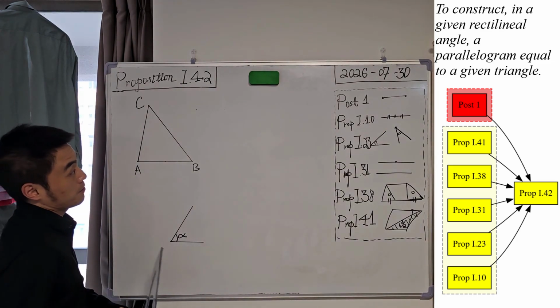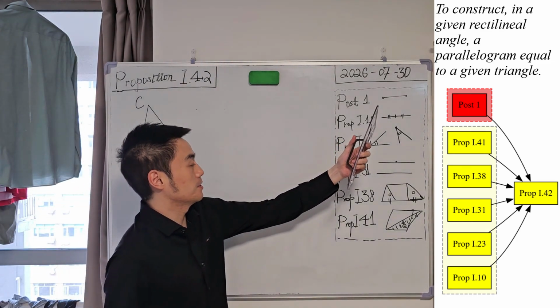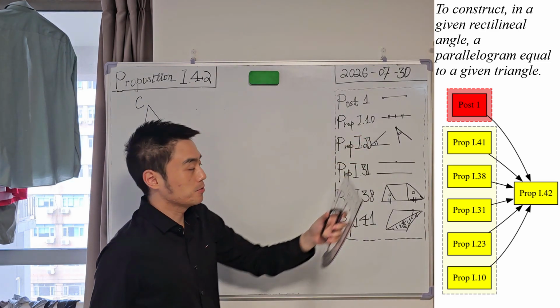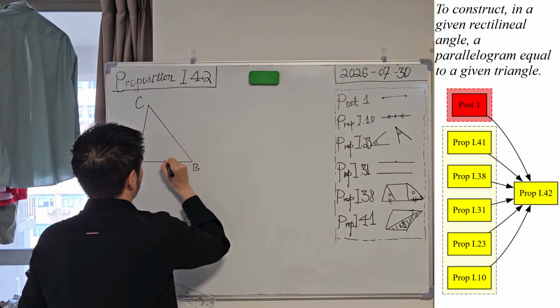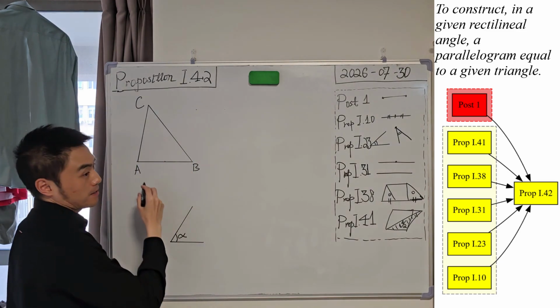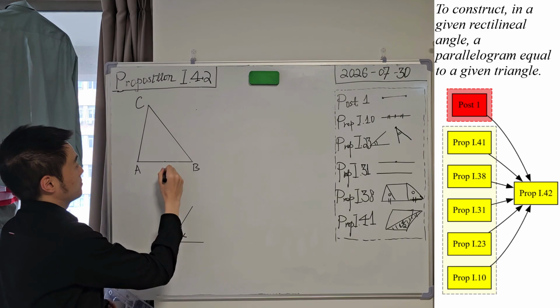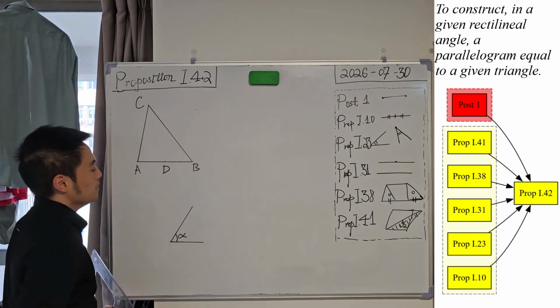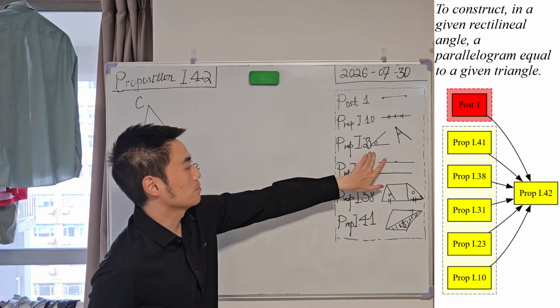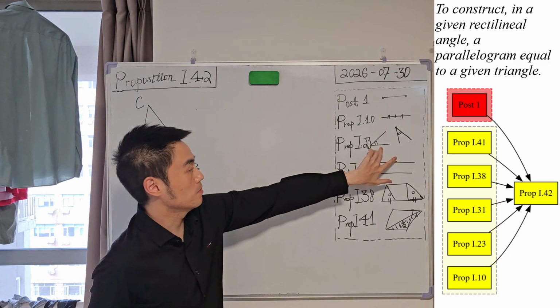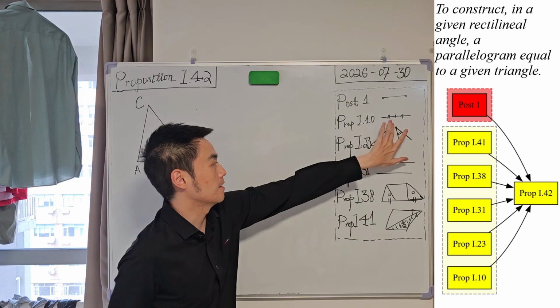First of all, please recall proposition 10. We are able to bisect a finite straight line. So let's assume we bisected AB at the point D. And then recall proposition 23, we are able to duplicate a rectilineal angle with a given straight line and a given point.